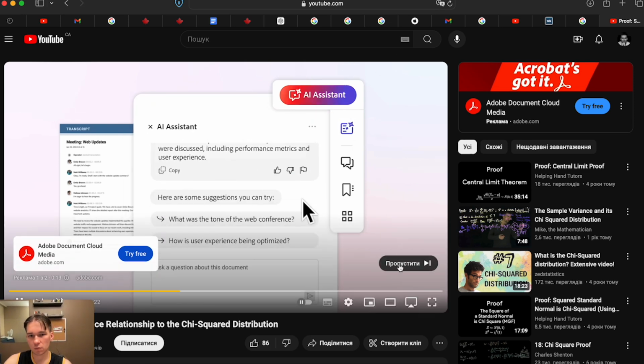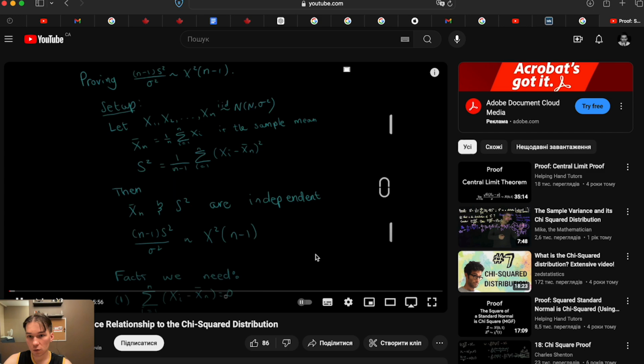Okay, so, set up blah blah blah blah. This is for the sample mean. Yes, this is the estimation for sigma squared. Then they are independent.